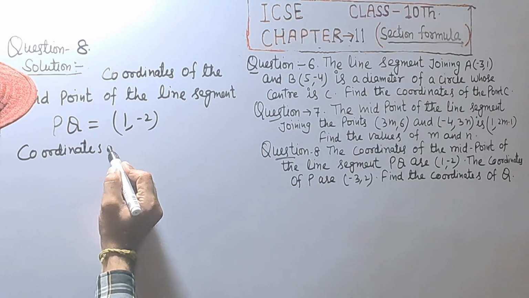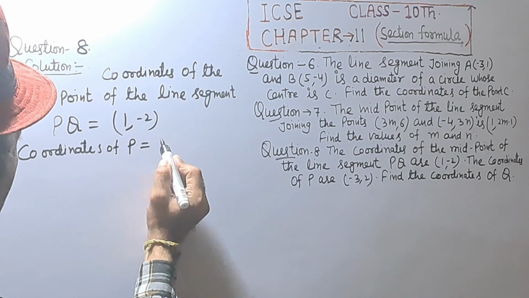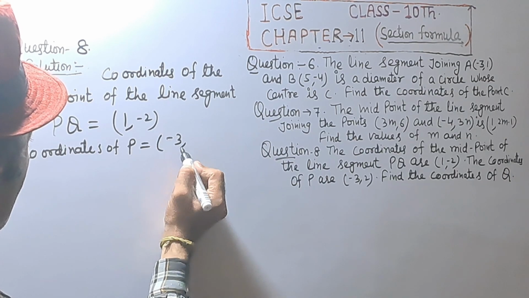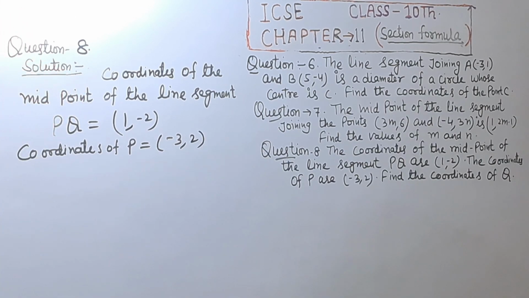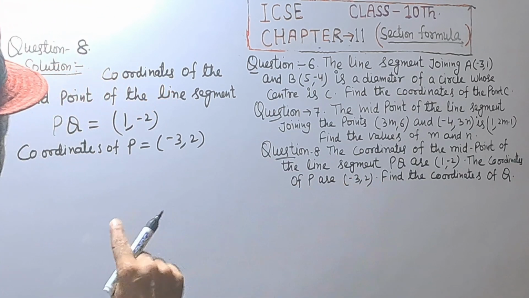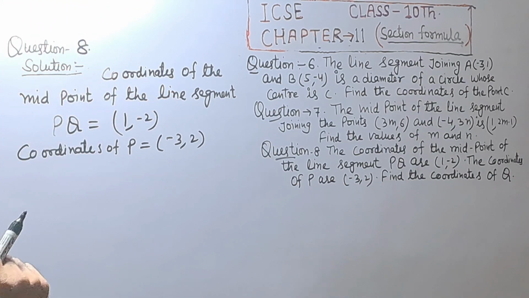Coordinates of P, that is equal to (-3, 2). And we find the coordinates of Q.